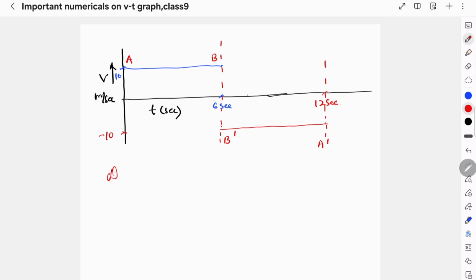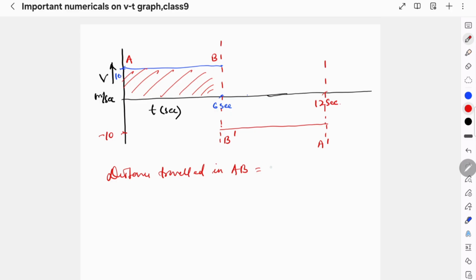Now the distance traveled in AB part will be given by the area of this rectangle, because it is a velocity time graph. So the distance traveled will be given by the area of this rectangle.